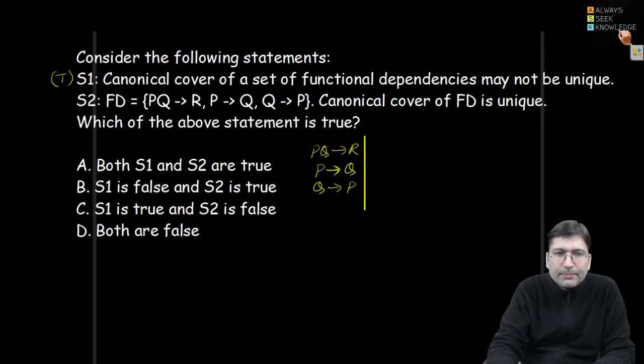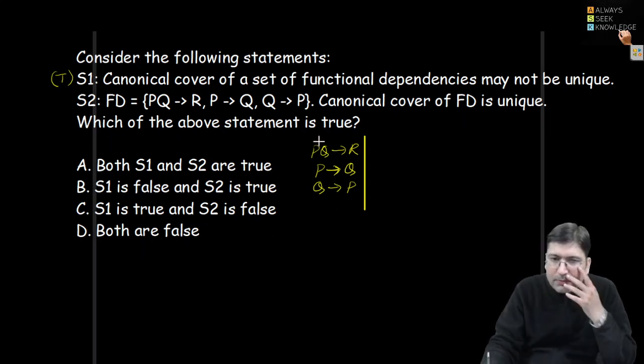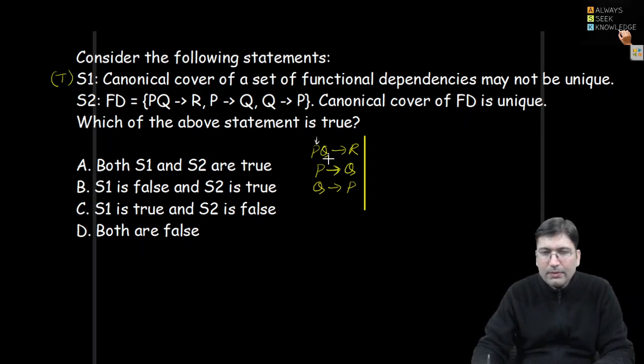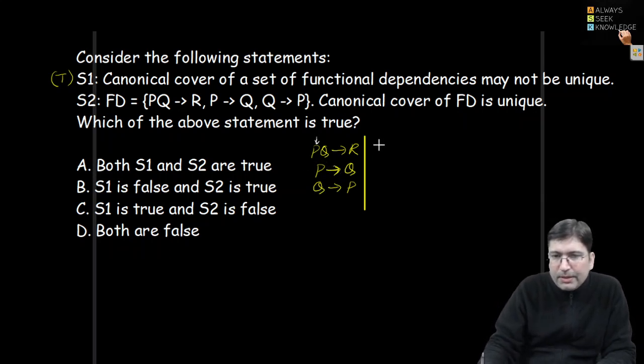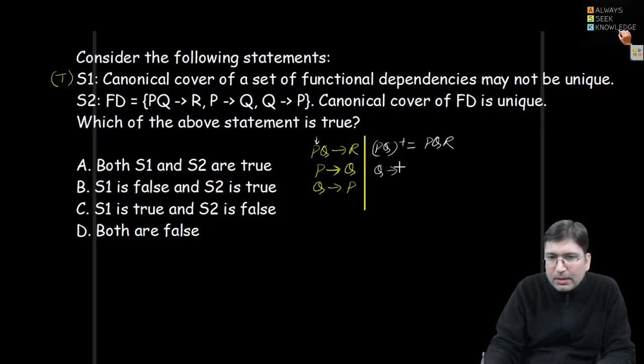Portion means if I remove P from the left hand side and just write Q implies R, whether we will get the same thing or not. So let's say we consider the closure of PQ, and in the PQ closure we have P, Q and R. Now if we do not consider this P and we just have Q implies R and the rest of these two rules, let's find the PQ closure now.